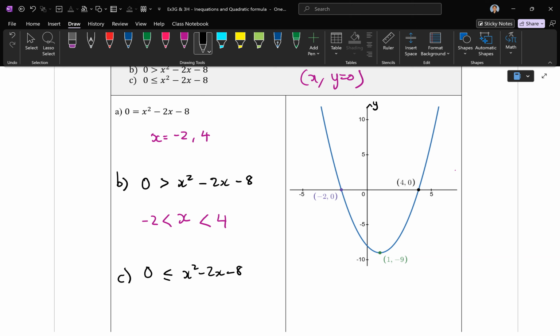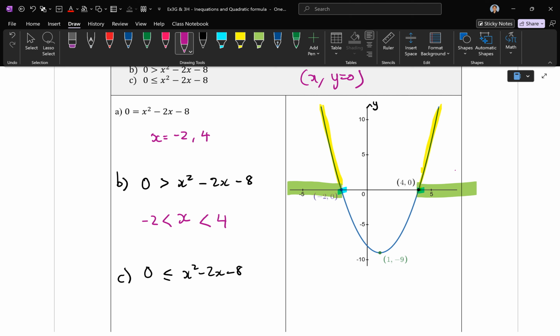So looking at the graph, this is when it equals 0, and this is when it is greater than 0. So what x values would I have to sub into the equation to make that true? Well, clearly, pick any numbers from 4 to infinity, or from -2 to -infinity. So how do you write your answer?